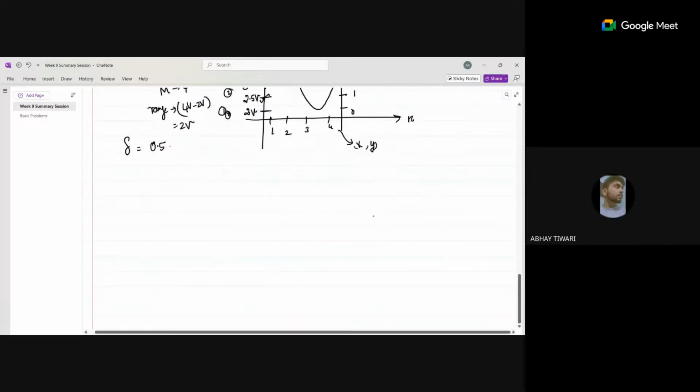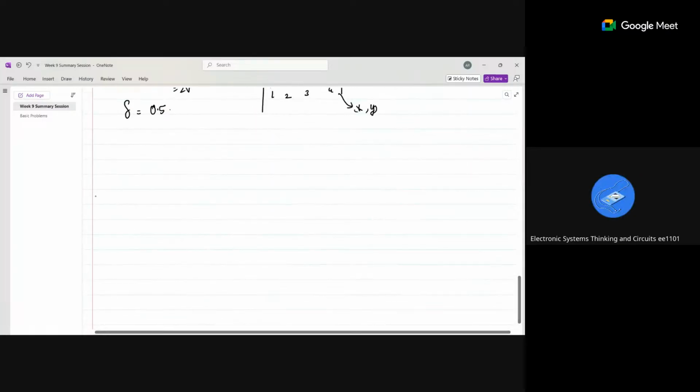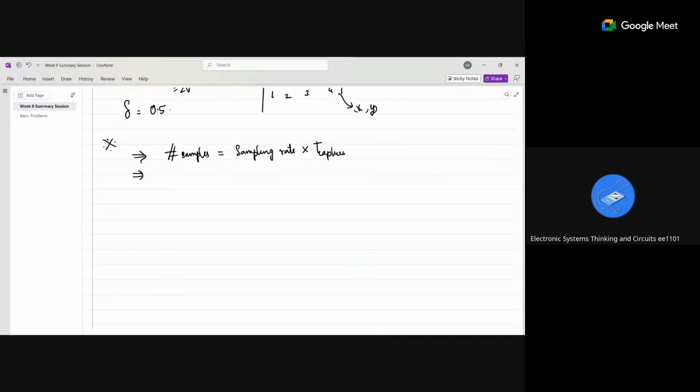And we have come across the important formulas in time sampling and amplitude quantization which we will be using for our problems. Number of samples is equal to sampling rate into time of capture, right? And another one is TS. What is TS?